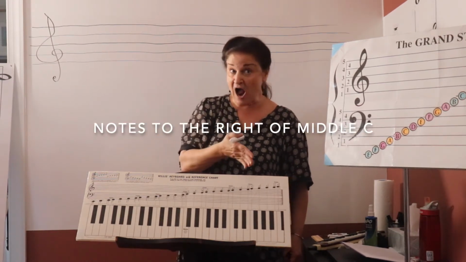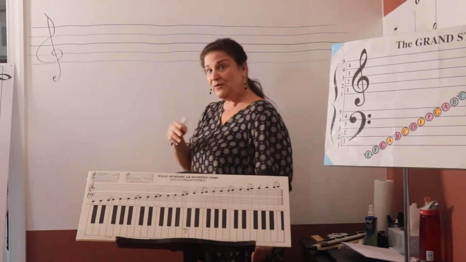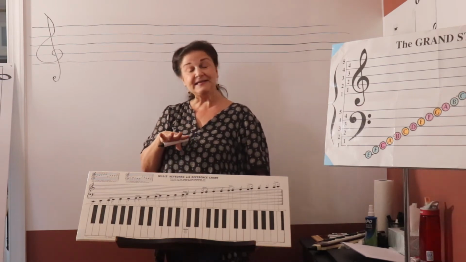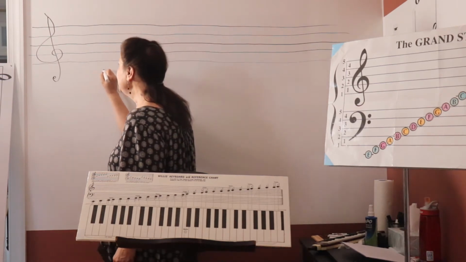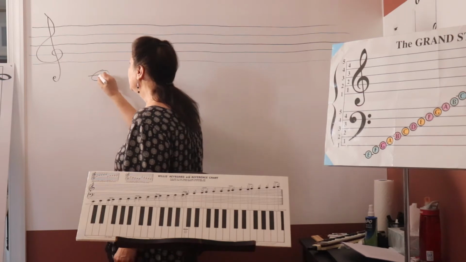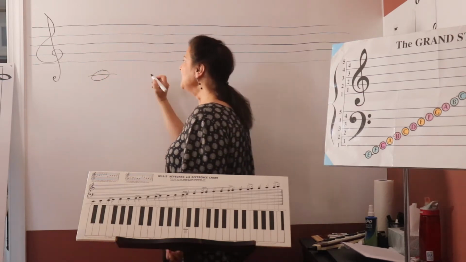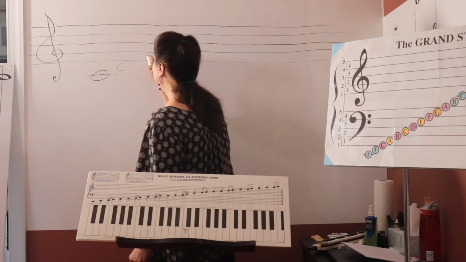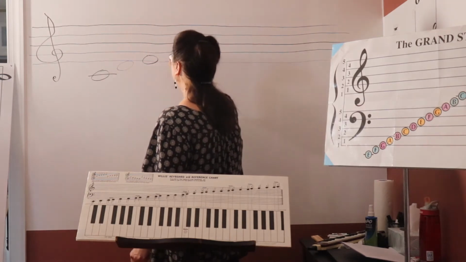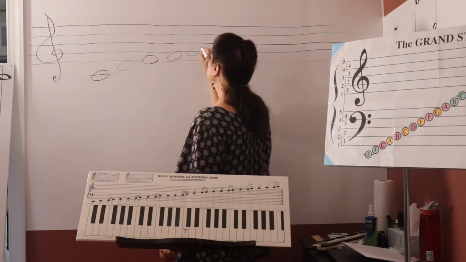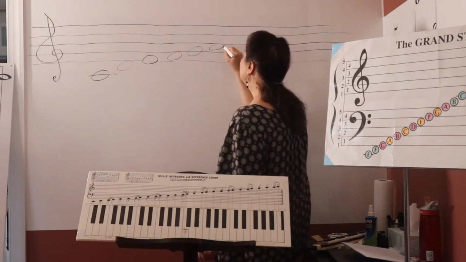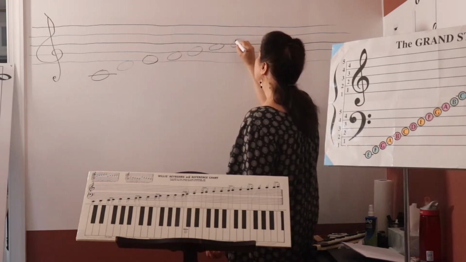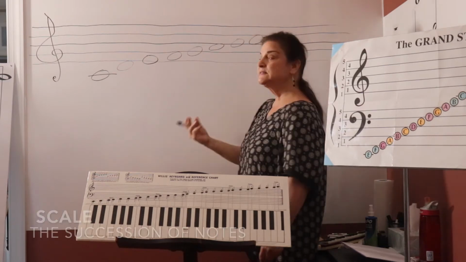Middle C and higher. And as we said, that note right there is C, and I'm going to place it right here, middle C. And then the next space will be D, E, F, G, A, B, C. So that's a C scale.